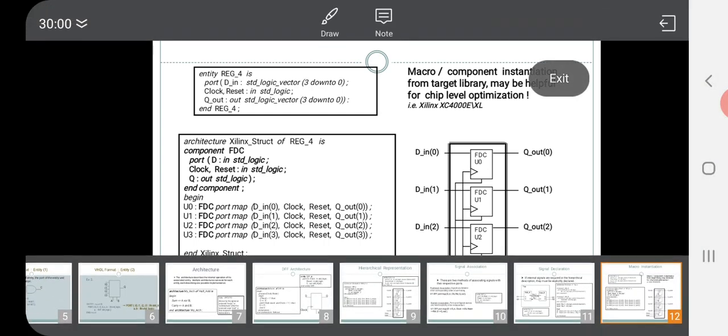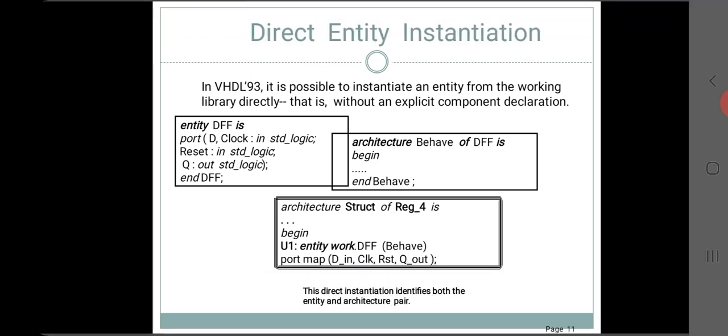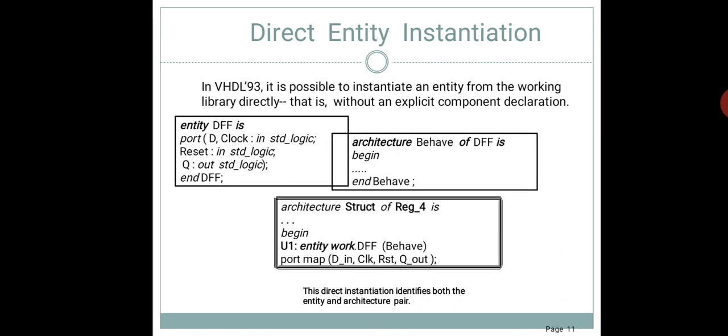Another thing that we are going to understand is direct entity instantiation. In VHDL, it is possible to instantiate an entity from the working library directly, that is, without an explicit component declaration. So we can directly instantiate the entity without declaring the component. This is also possible in VHDL.